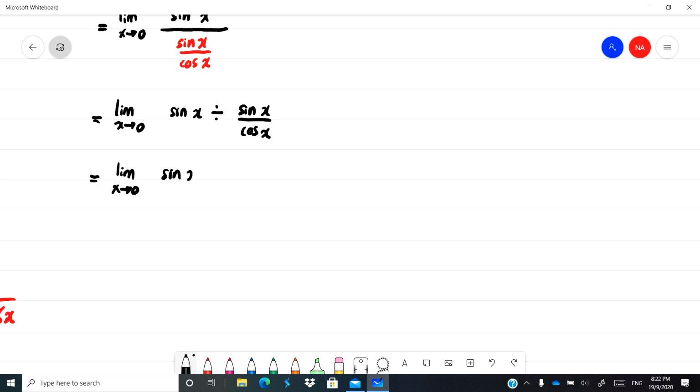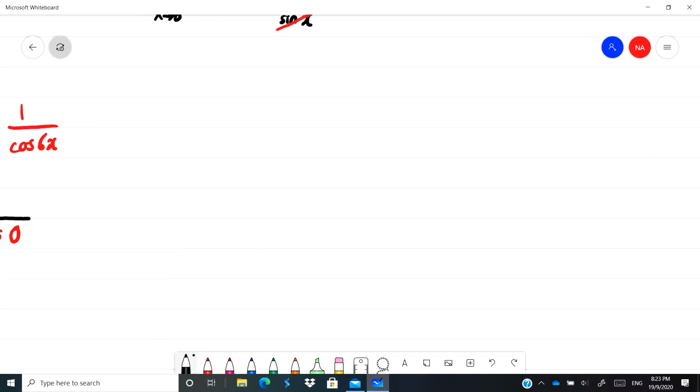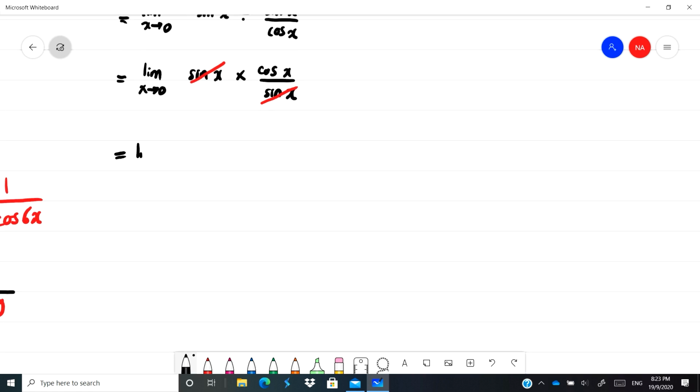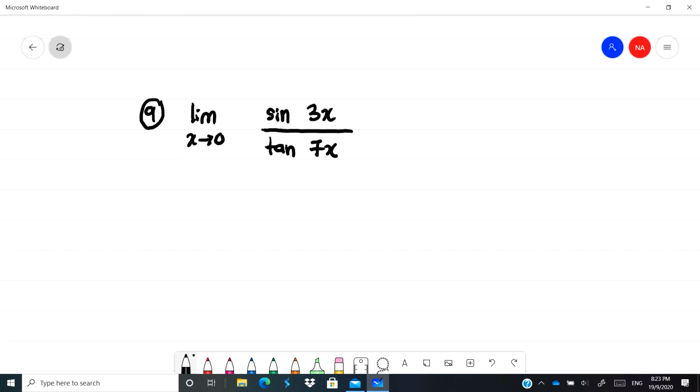So something like sine x multiplied by cos x over sine x. And now you can see that this one can be cancelled out. So we'll have the limit of x approaching 0 of cos x. You try to substitute the value of x with 0, so cos 0 will be 1. That's your final answer for this one.